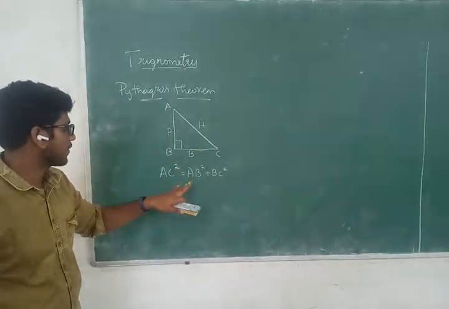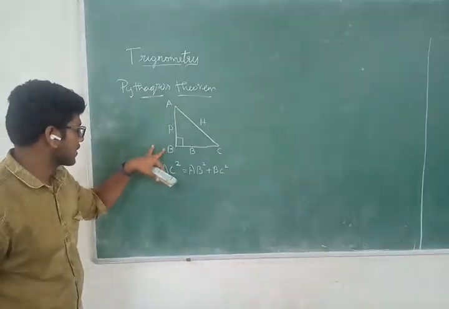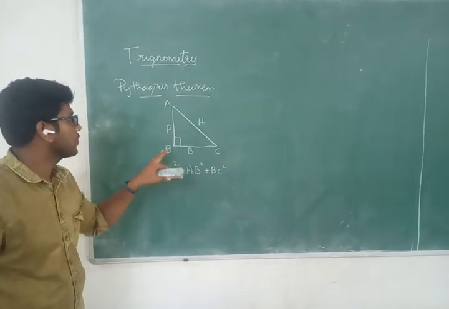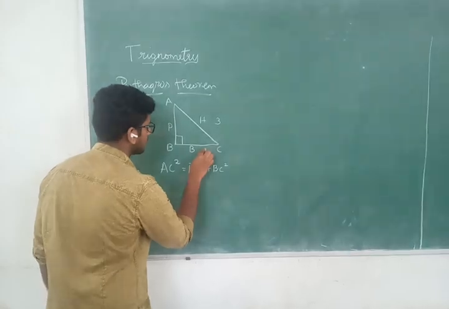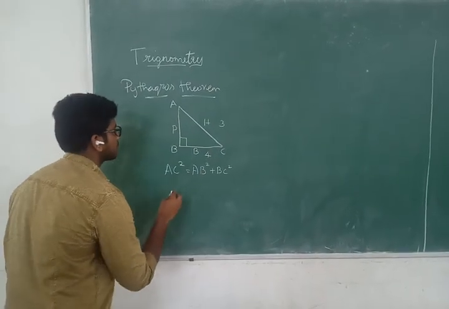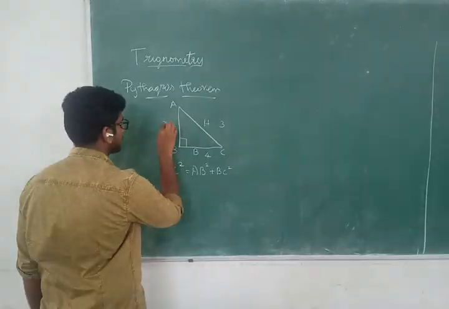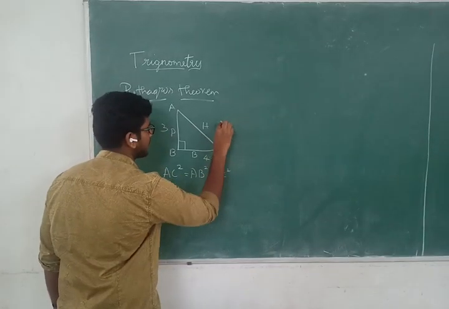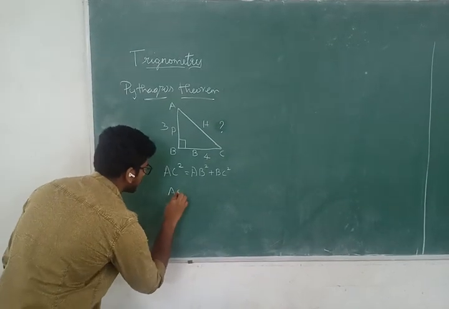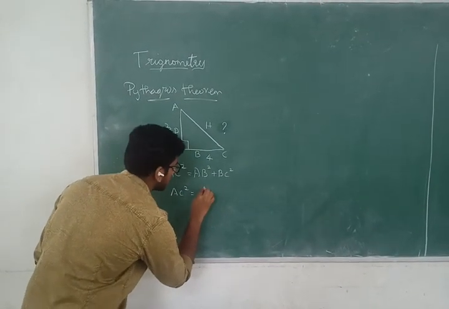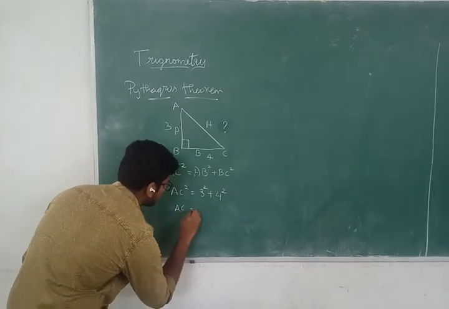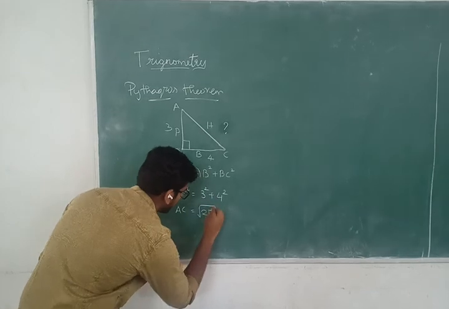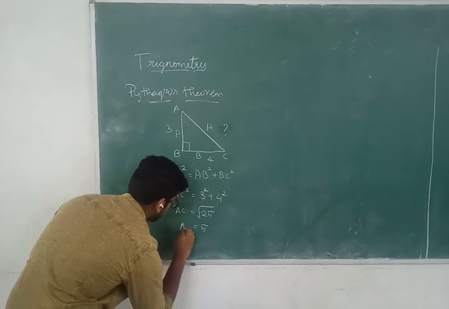Not only this side, you can find the AB side and the BC side if you know two sides of this triangle. For example, this is 3, this is 4. If you try to find this side, AC square equals 3 square plus 4 square. So AC equals root 25, equals 5.